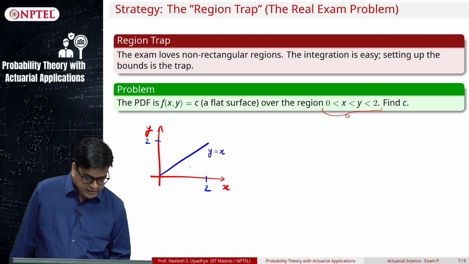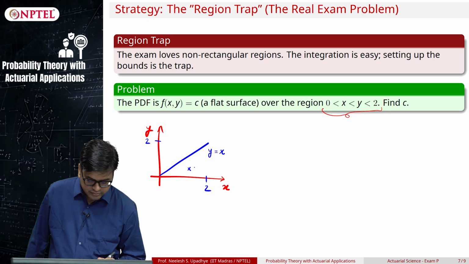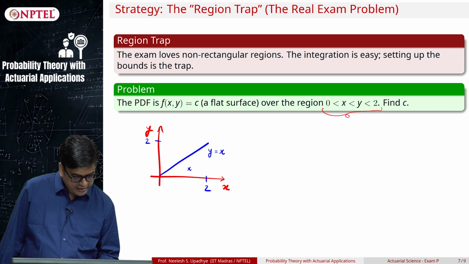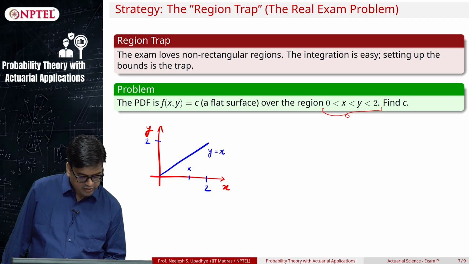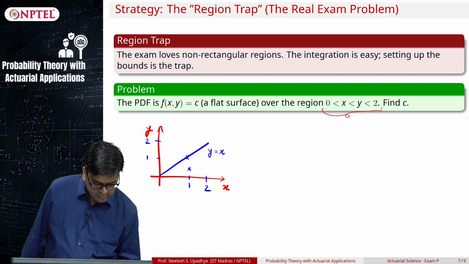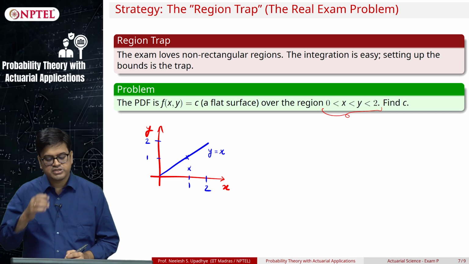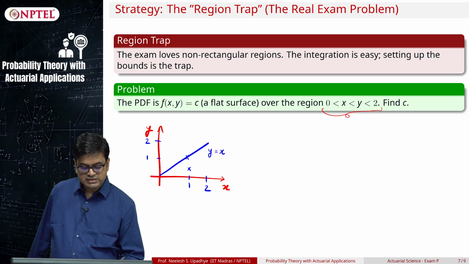If I select any point over here, does it qualify that x is less than y? Okay, let us say we will have a point which is 1, 1 here, right, 1, 1. If I take any point here, what will be the value of this point? It will be less than 1, right, and what will be the value of this?